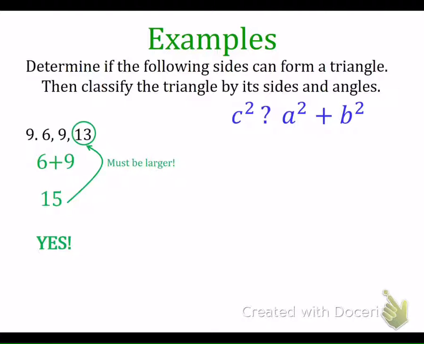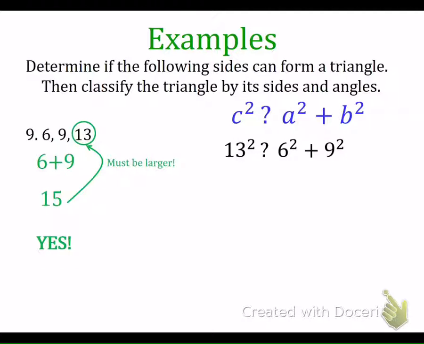By angles, we use this guy. This is what we did last week, I believe on Thursday of last week. So which one always has to be the C? The biggest one. So I'm going to do 13 squared. I'm going to have to decide what symbol goes here. And then the other two, 6 squared and 9 squared.